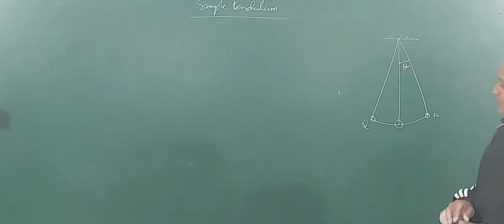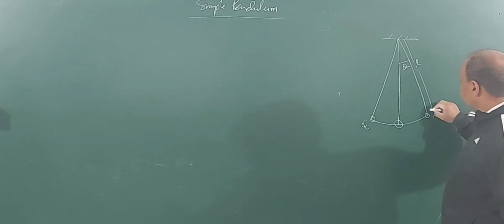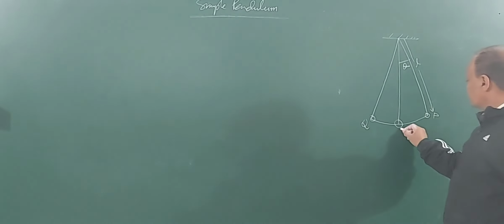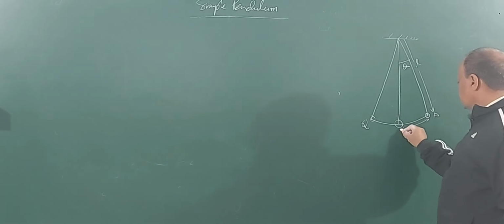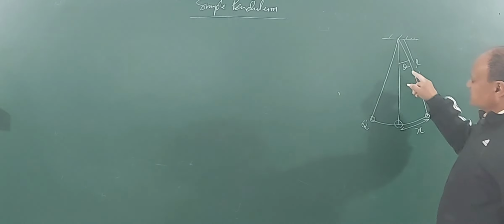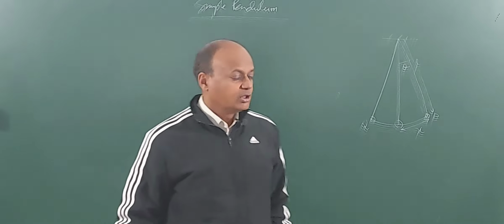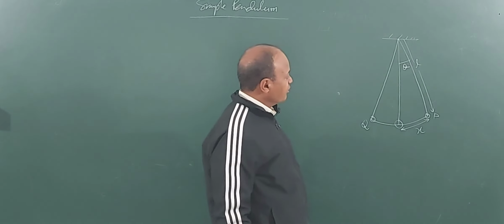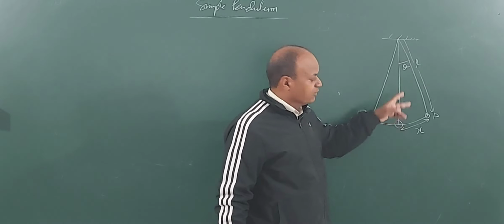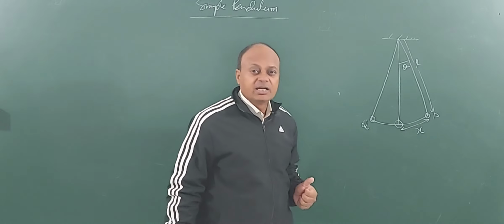If these are extreme positions, this will be amplitude and this will be what? Amplitude. For the time being, we will assume that the length of the string is L and the instantaneous displacement from the center is x. And this theta is a small angle. This angle is in what? Radians. So we will calculate what will be the time period of oscillation and on what factors the time period will depend.